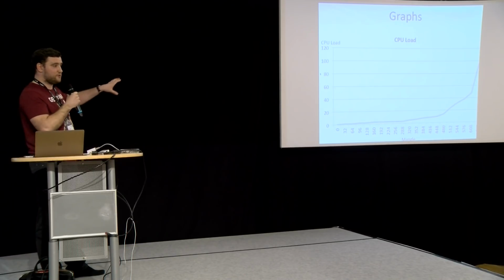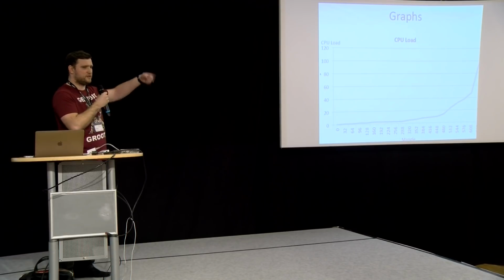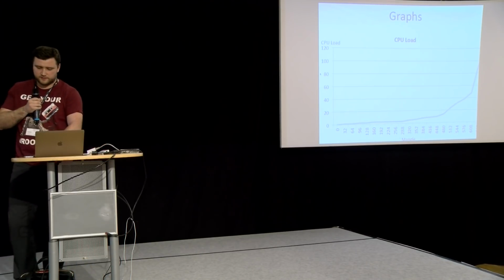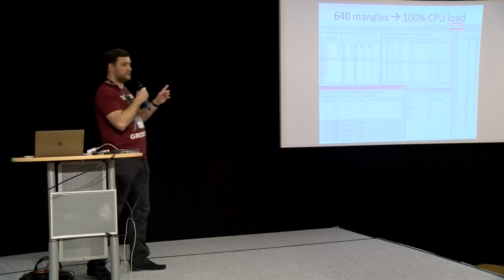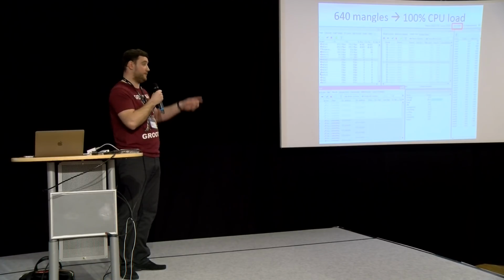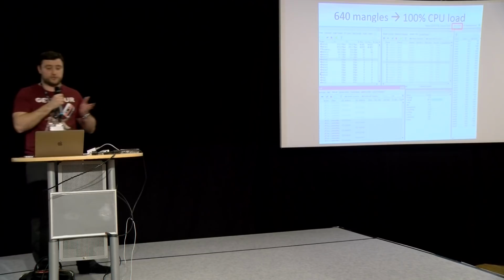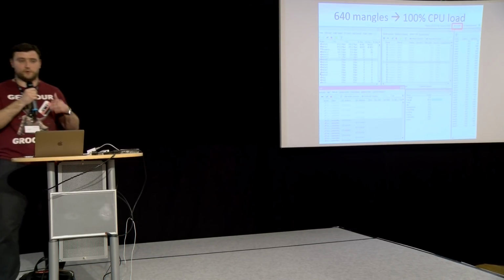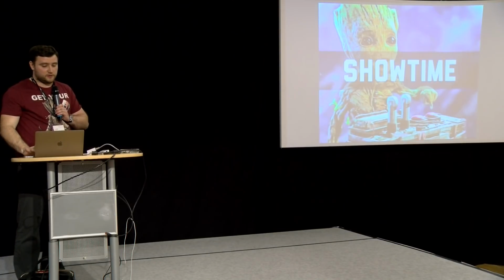So this is the Cloud Core 36 running 600 mangles, and 200 megabit per second is killing the CPU completely. So it's 100%. A lot of mangles is killing the CPU of the Cloud Core and any other. So it looks like this type of shaping is not ideal if you want to set up speed limitation for customers.